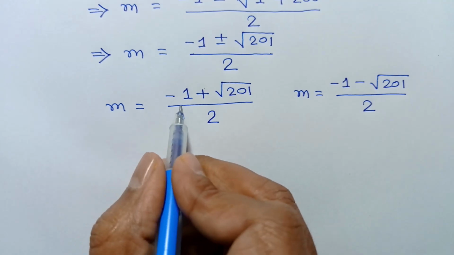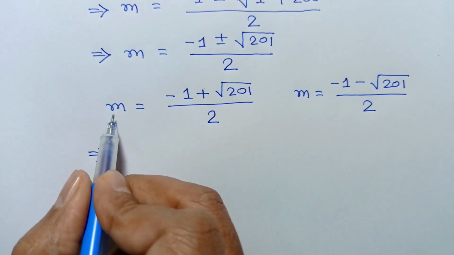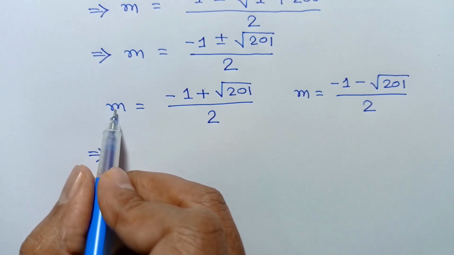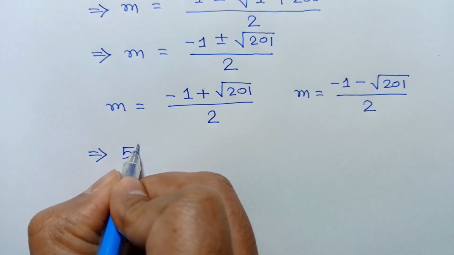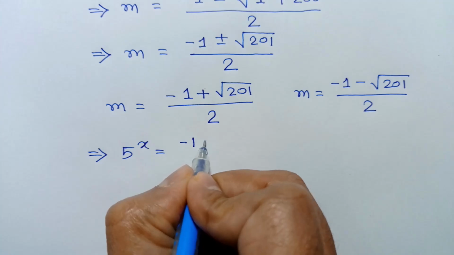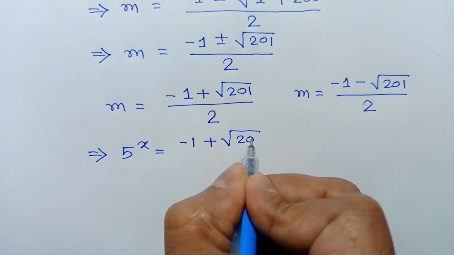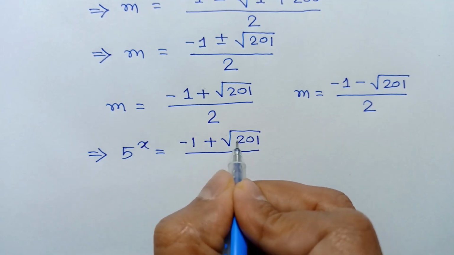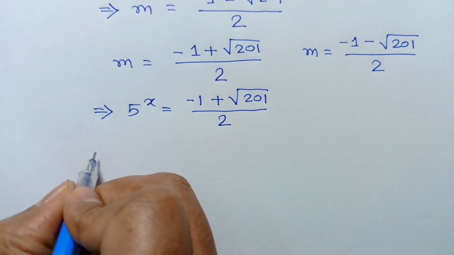Now for the first case, substituting the value of m is equal to 5 to the power x, we can write 5 to the power x is equal to negative 1 plus square root of 201 over 2.